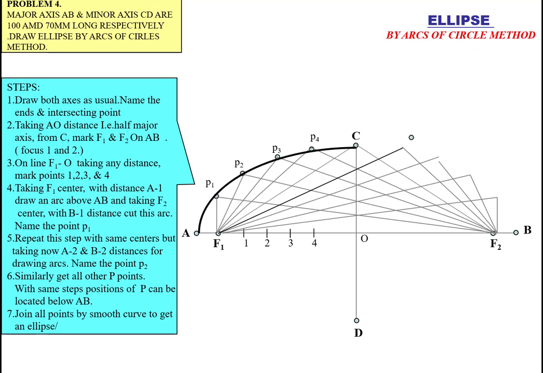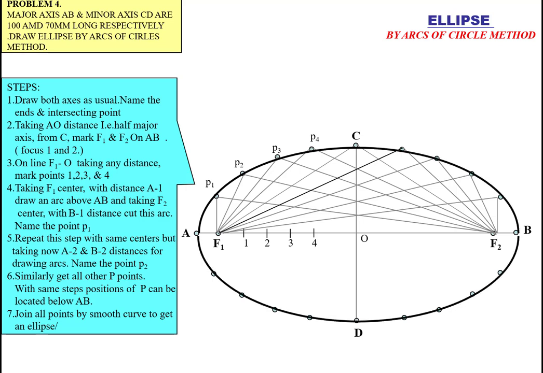We'll get P5, P6, P7, P8, P9, P10, P11, P12, P13, P14, P15, P16. Join them one by one to get our ellipse and darken it. So this is the ellipse by arc of circle method.